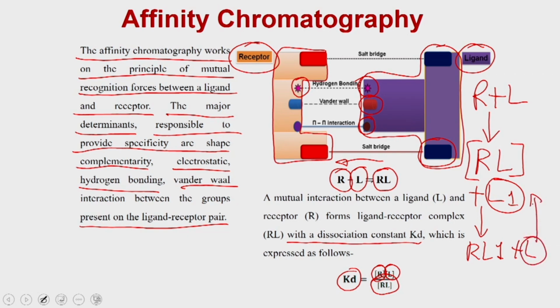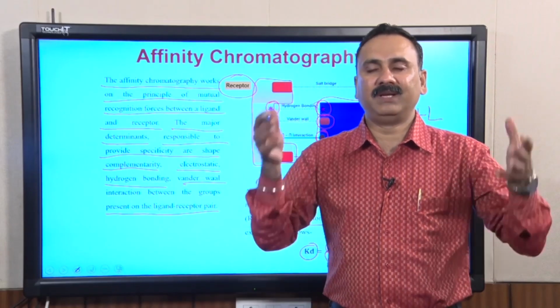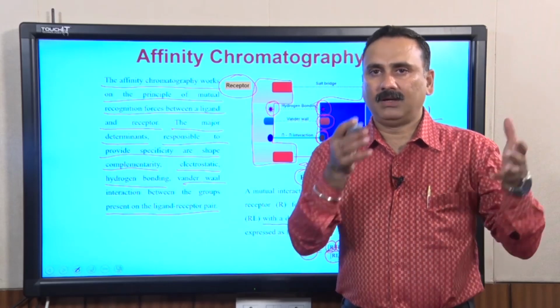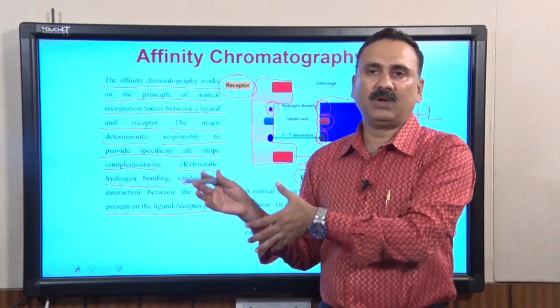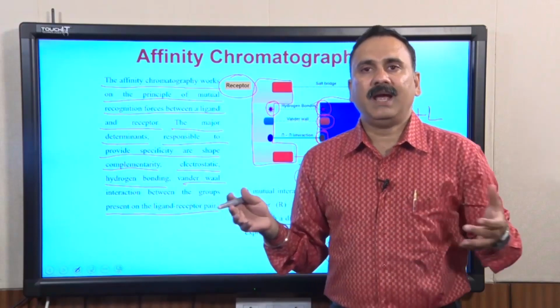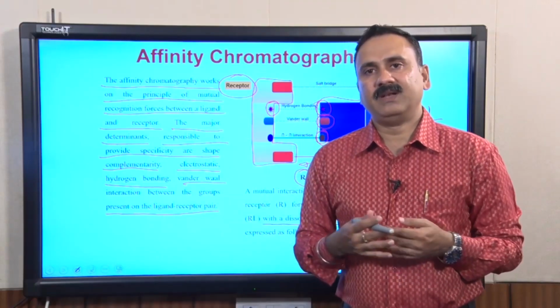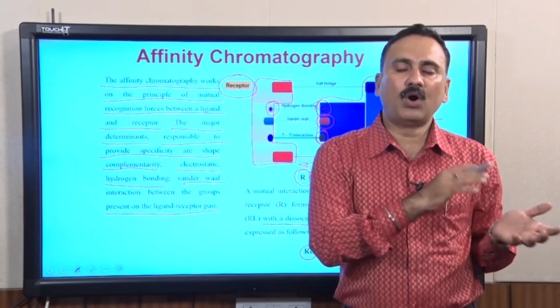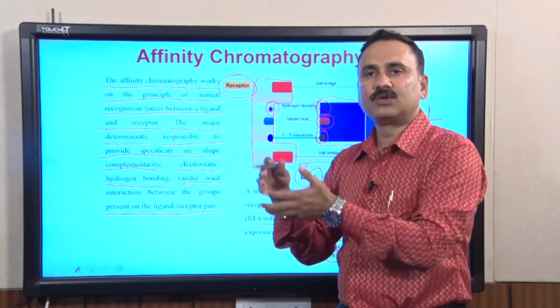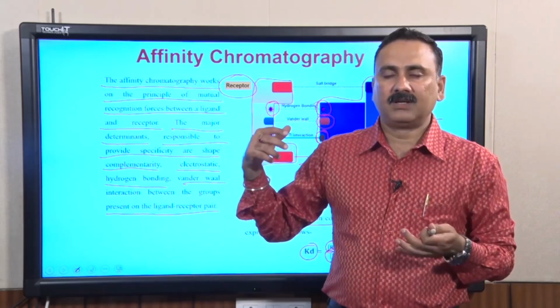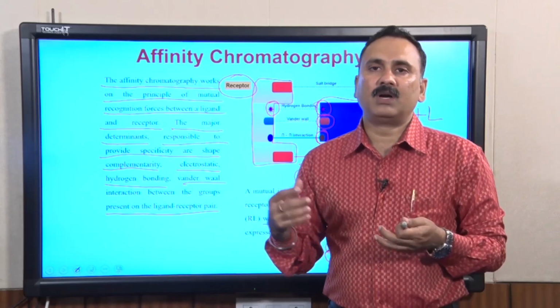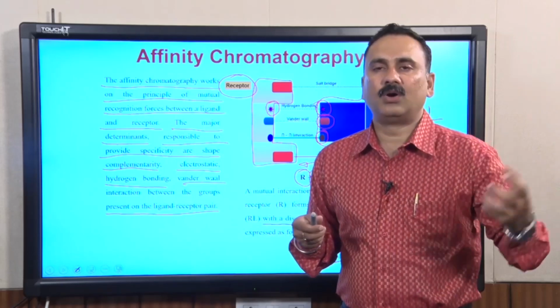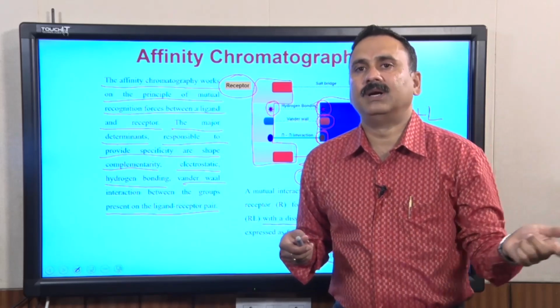This is exactly the principle of affinity chromatography. You have the receptors on one side and the ligands on the other side. In most affinity chromatography, you either couple the receptors to the matrix or couple the ligands to the matrix, and then the cognate pair is generated with the proteins.